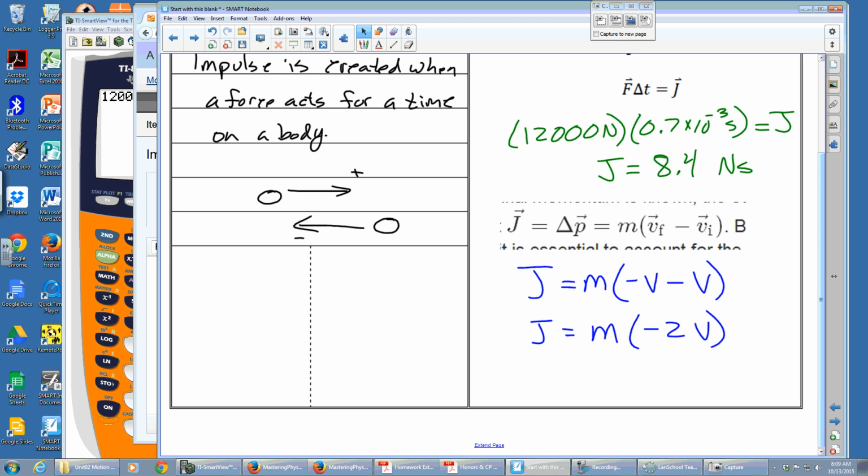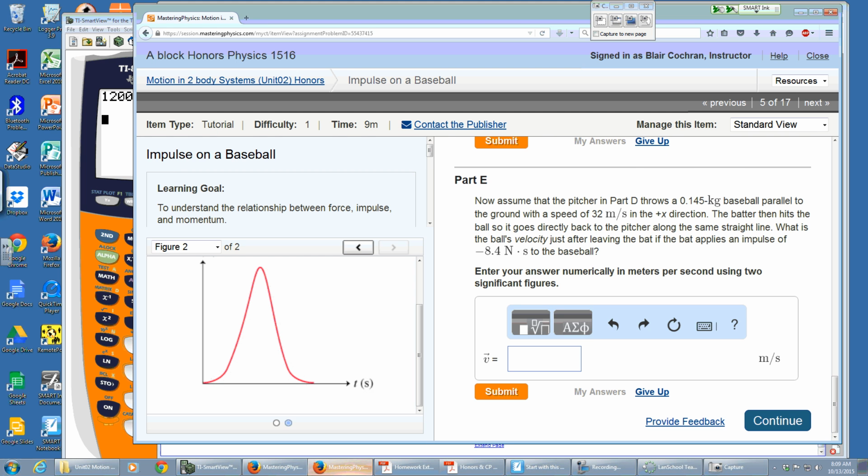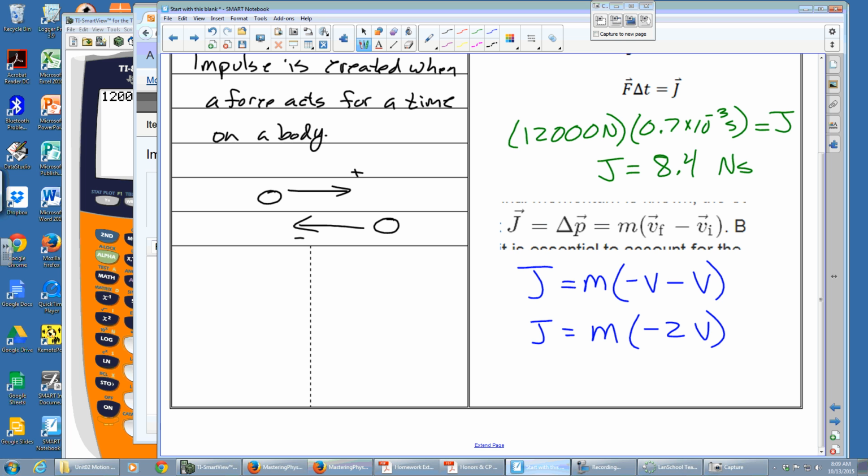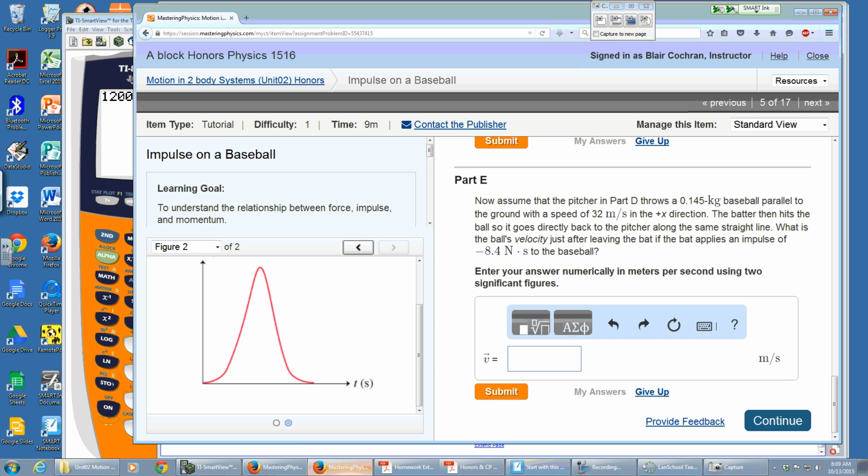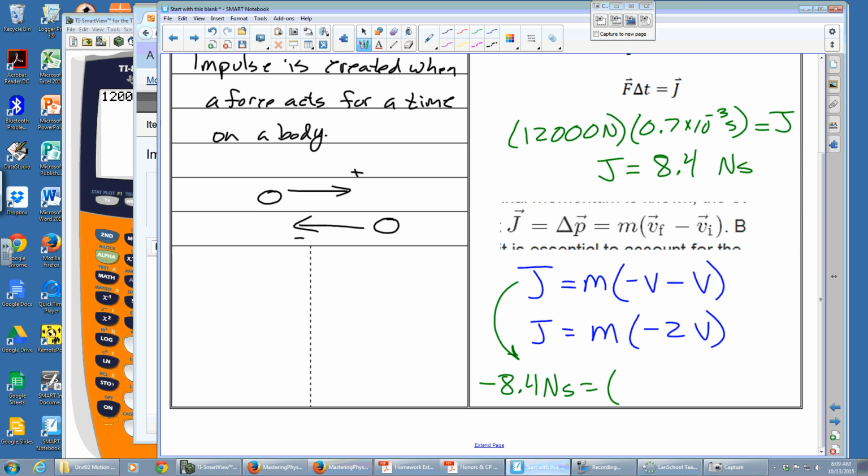So now I'll just start this again. Let's see. They told me that J was negative 8.4 newton seconds. They told me, I'm going from here, by the way, they told me the inertia was 0.1145 kilograms.